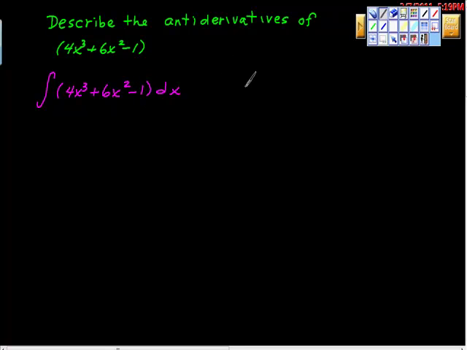So I think I'm just going to take a guess. Maybe it was something like this: x to the 4th plus, this was definitely x to the 3rd, and 3 times something gives us this 6, so I think it's a 2.